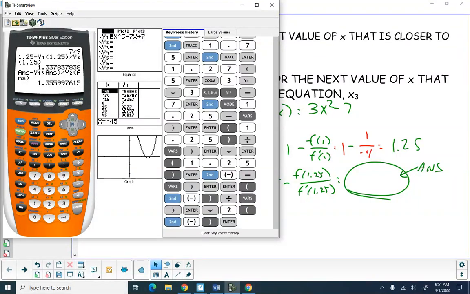And we get 1.35599. What you can see is we had 1.3378, now we're at 1.3559. Our values are getting closer to each other.